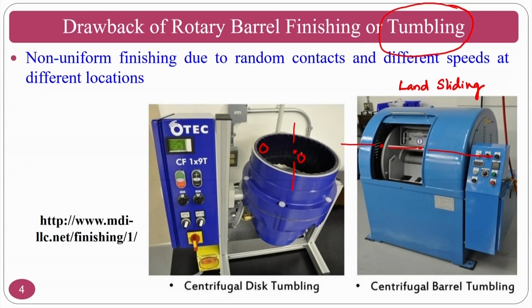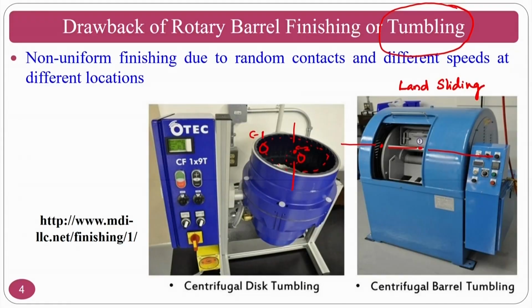So the distance that object 1 and object 2 cover will be the radius that each covers. That means the number of abrasive particles covered by component 1, call them C1 and C2, will be very high compared to component 2. That means the finishing action on component 1 will be better compared to component 2. In those circumstances, how do we overcome this in the tumbling process?